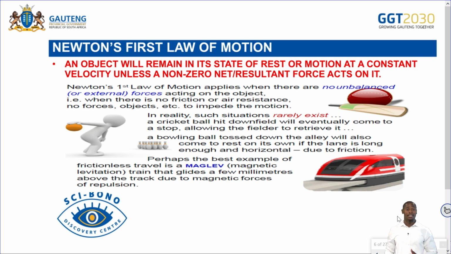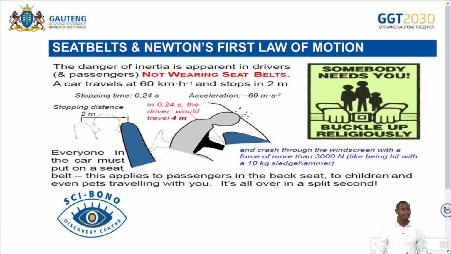It's then that it will change its state of motion. By now we know how to state Newton's first law. According to Newton's first law, an object that is at rest will remain at rest. An object that is moving at a constant velocity will move at a constant velocity, unless a non-zero net force acts on it.